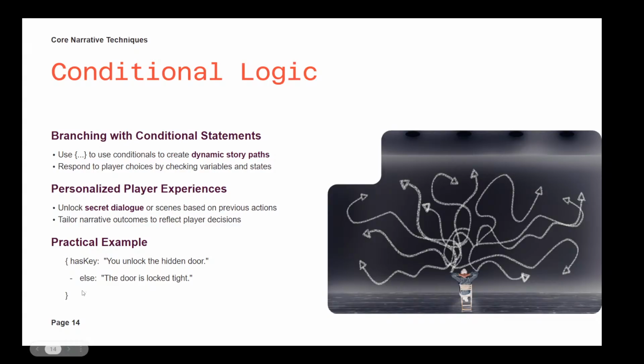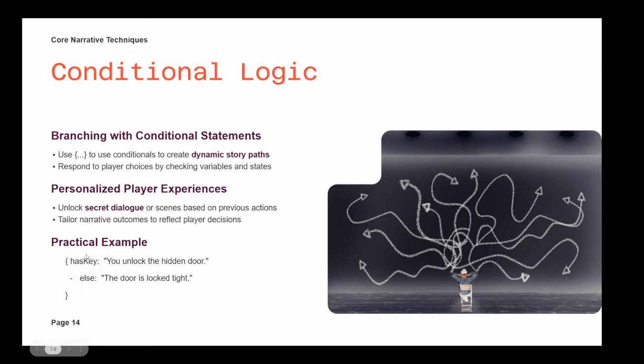Anything in brackets here will be a conditional. Anything after the brackets, if the conditional is true and it's a choice, then that choice will be enabled. If it's false, then that choice won't be presented to the player at all.